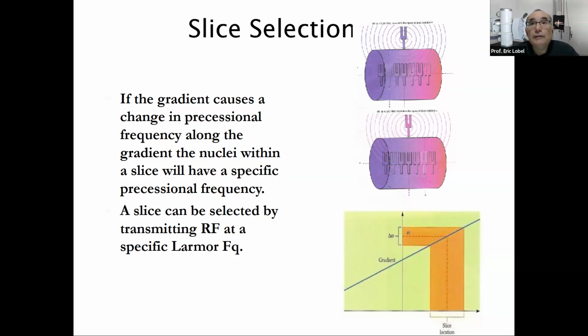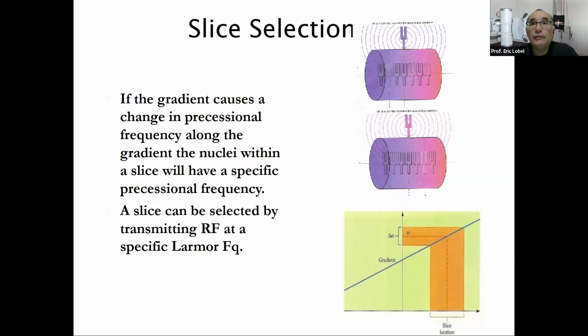And this is how we can do slice selection, because what we can do is now decide to target just one area where we know what the new precessional frequency is once we apply the gradient. The Larmor equation then says we send in an equal amount of RF energy such that it matches the precessional frequency. So to say this again, we make sure that we send in a frequency of RF such that it matches the precessional frequency.